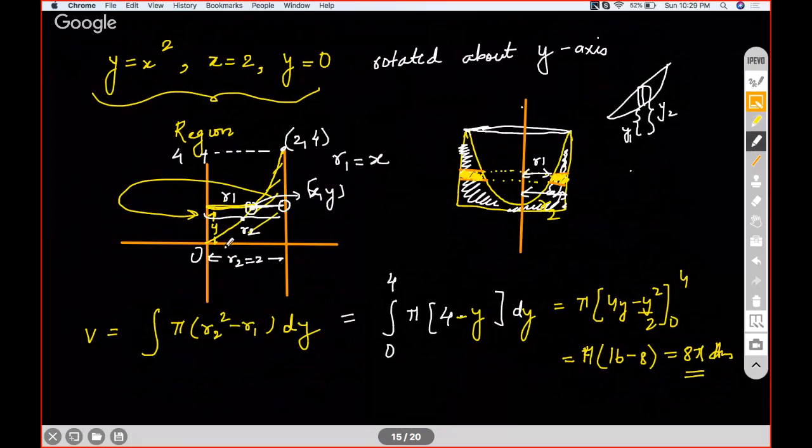Yeah, because this point is the x comma y point. But why can't you just take y is equal to x square also? Is it fine to take R1 as root y? That would also be correct, right? Of course. That's what you had done. You said it as equal to x, so I got a bit confused. So you can just take it as root y. Yeah, root y. Okay, then.